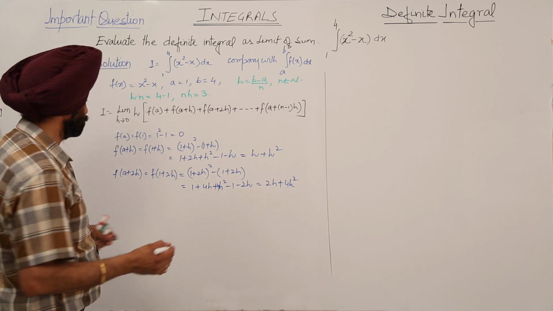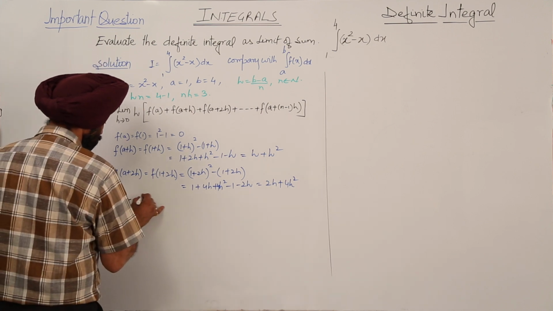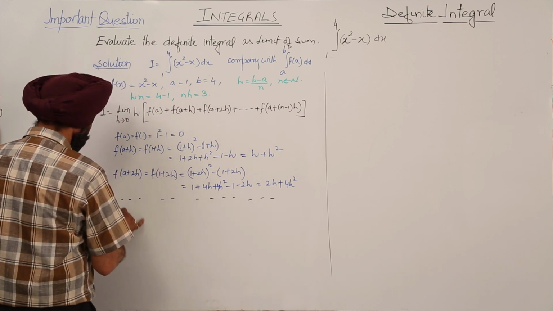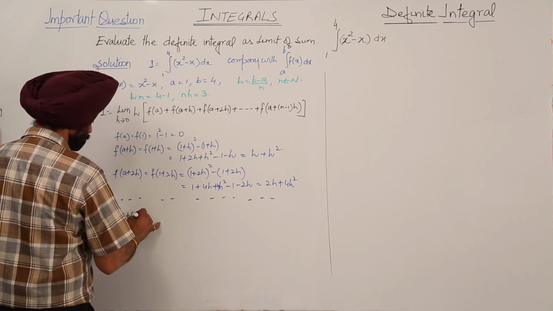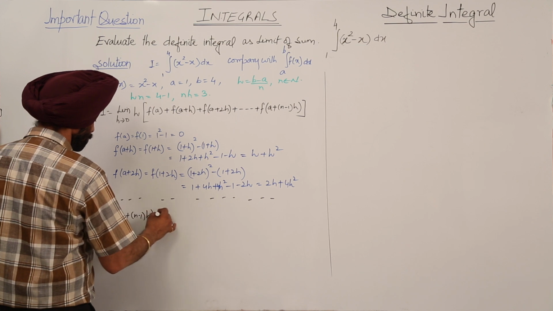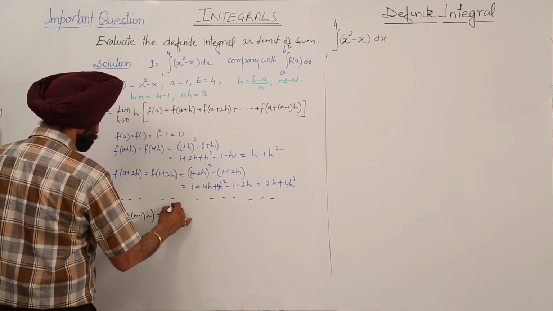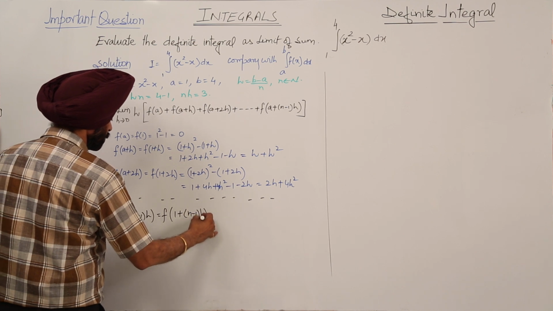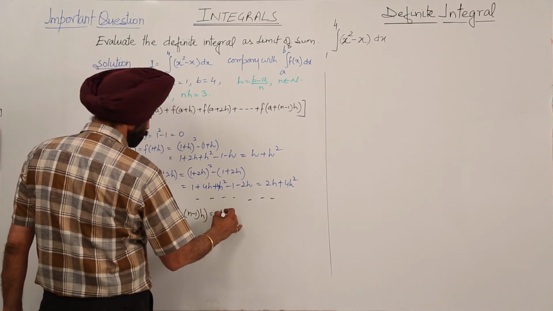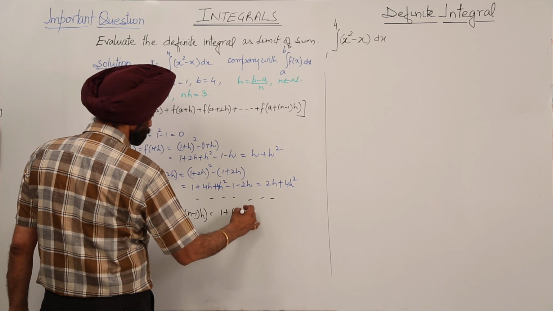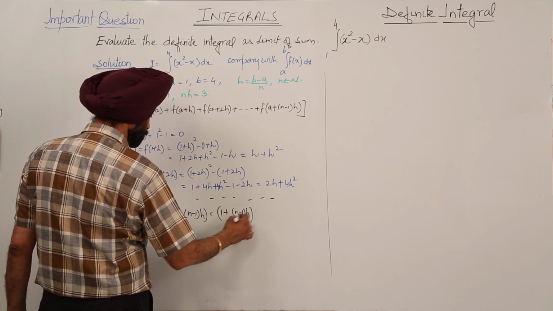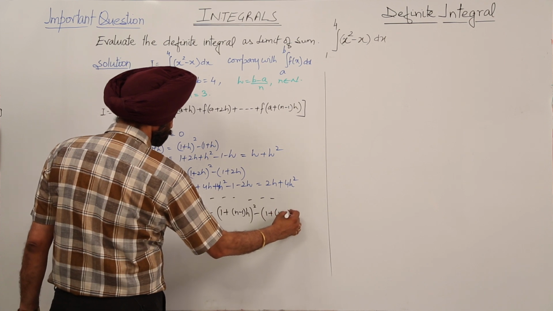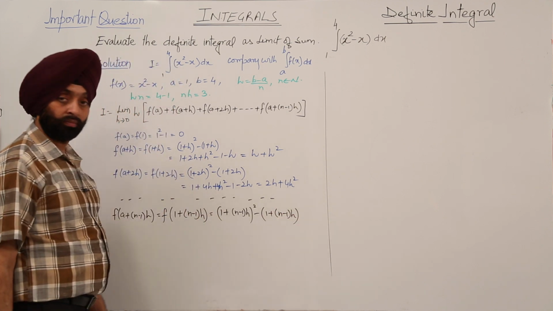Going for the final term, that is the last term. f(a plus (n minus 1)h) is equal to f(1 plus (n minus 1)h). Now (1 plus (n minus 1)h) whole square minus (1 plus (n minus 1)h).